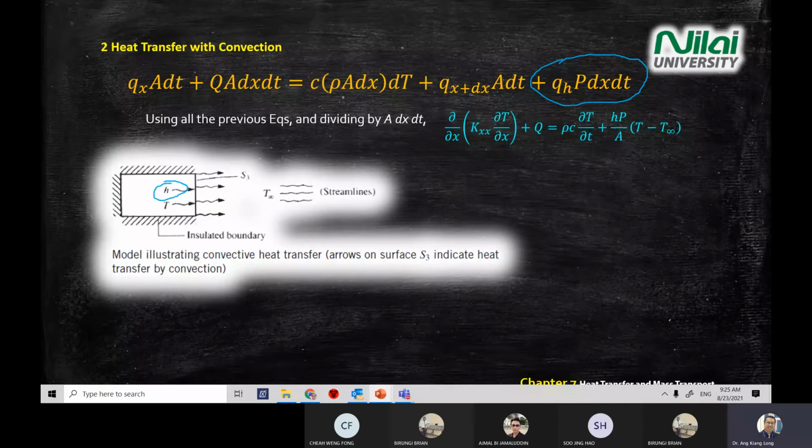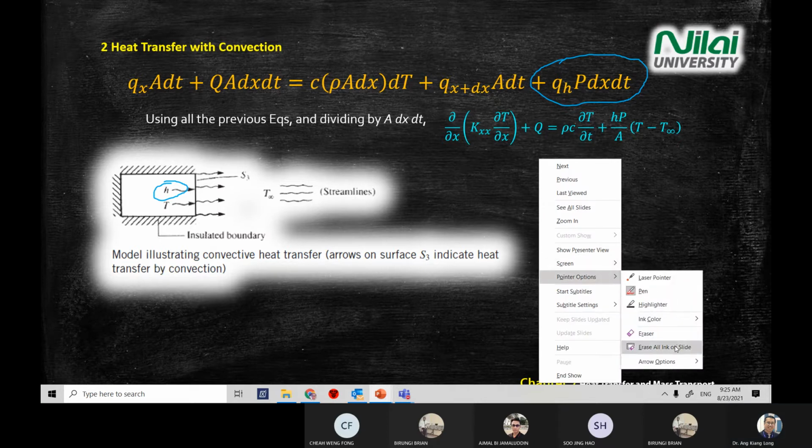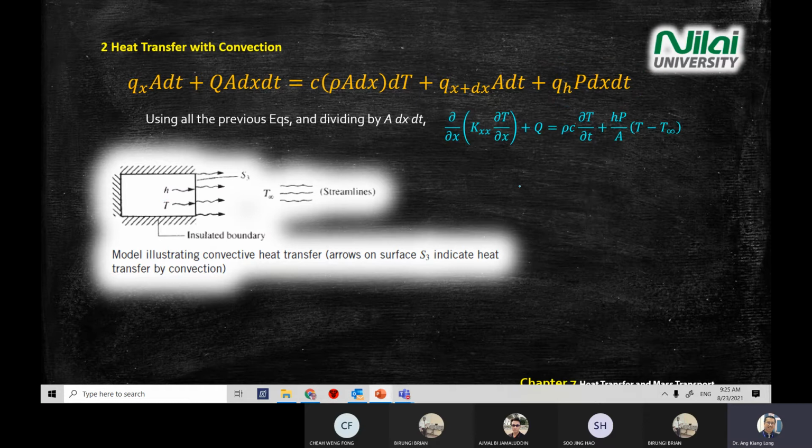What does it mean? It means that if you only have convection in the system, then you need to consider the Qh. Later, when you look at the tutorial, you will see.